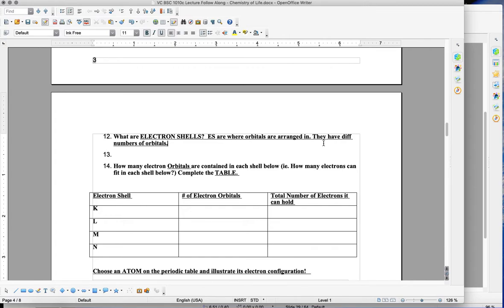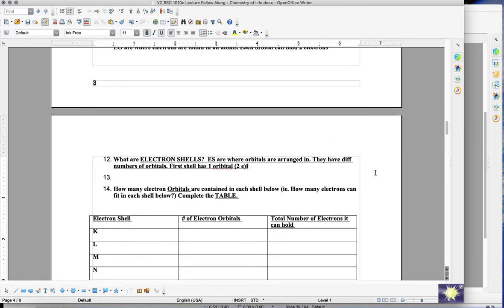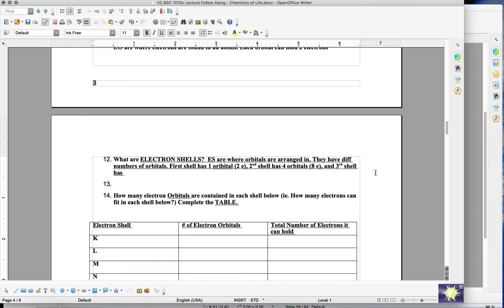So for example, the first shell has 1 orbital, which is 2 electrons, and the second shell has 4 orbitals, which is 8 electrons, and the third shell has 4 orbitals, which is also 8 electrons.